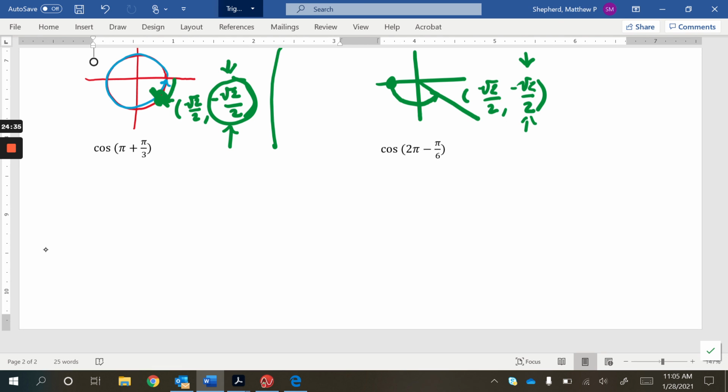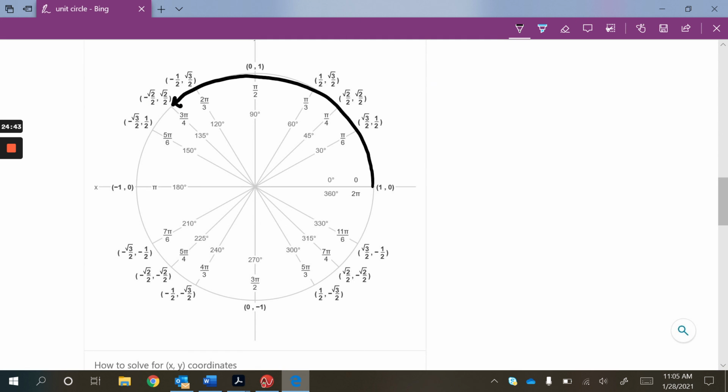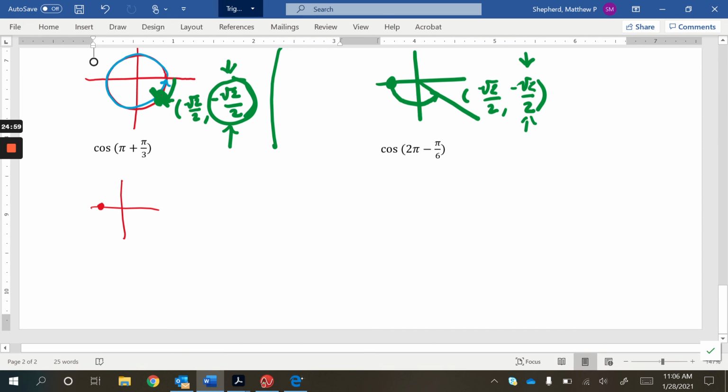All right, so we've got this. Pi would be right there on the unit circle, and we are going an extra pi thirds. So pi thirds is just that. So we're going 2/3 the way up. It is a 60-degree angle. So we are going to be adding a 60-degree angle to this. So going down there.